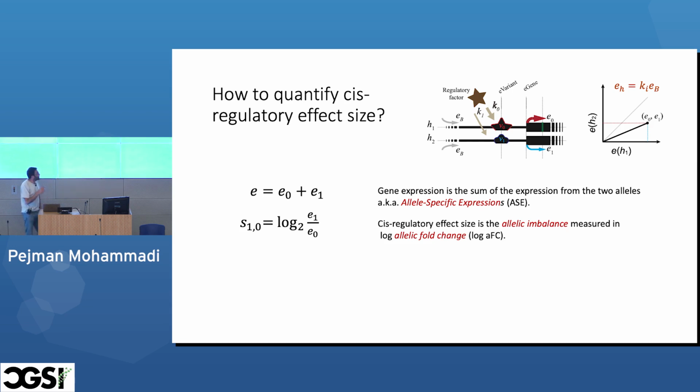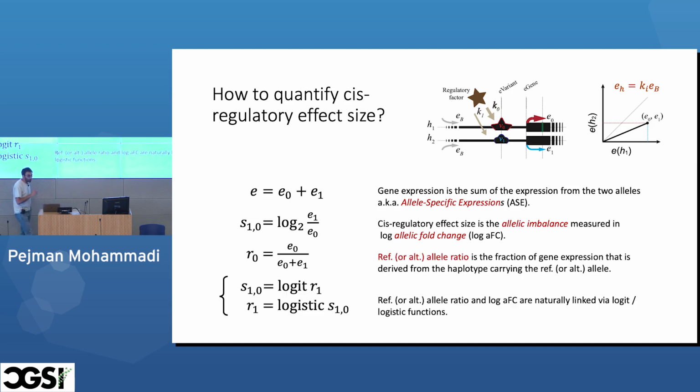All right, so now the regulatory effect size associated with that position you could define simply as the log-fold ratio between these two things. So this is the same as when you do log-fold change in your gene expression, except that this is for the two alleles, so you're doing it within one gene.